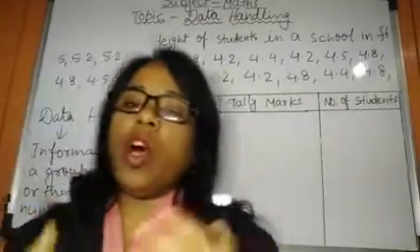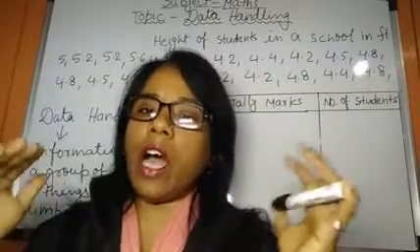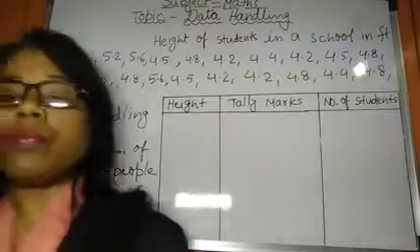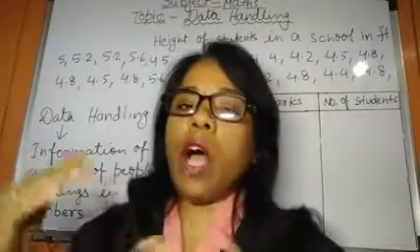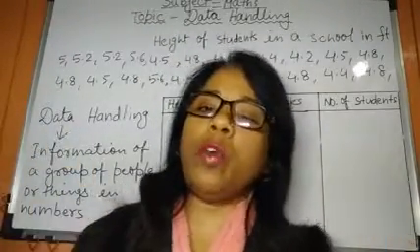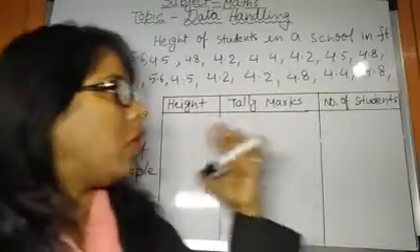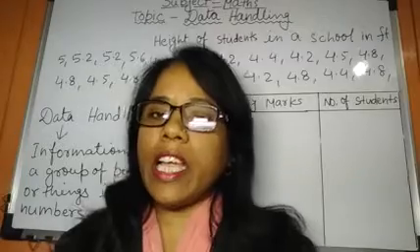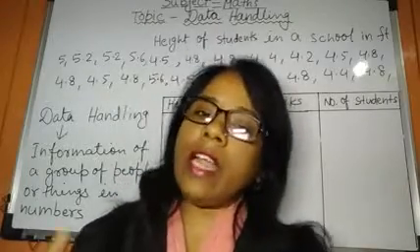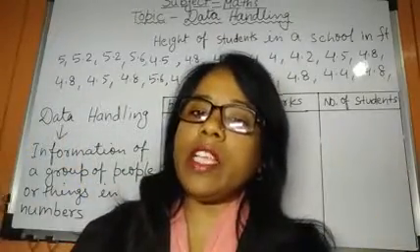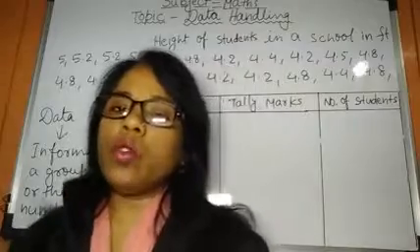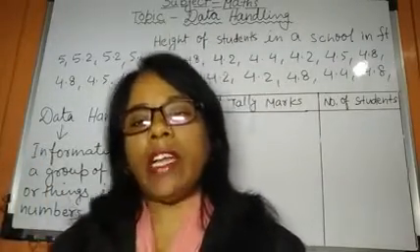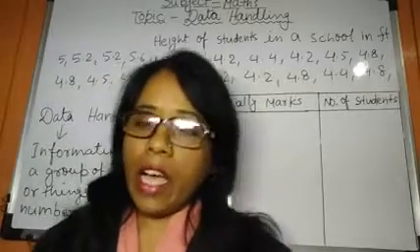And if I want to keep this data in a proper manner, like how many students are there of 4.2 feet, how many students are there of 4.4 feet, it will be difficult for you to find out. So if we arrange it in a proper manner, then it will be very easy to understand how many students are of which height. So the arrangement of data is called data handling.